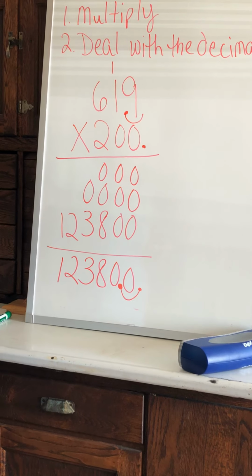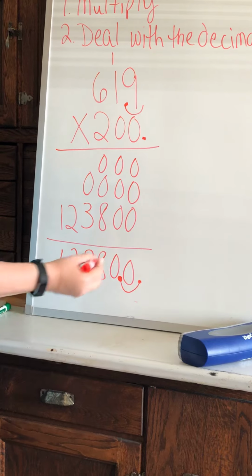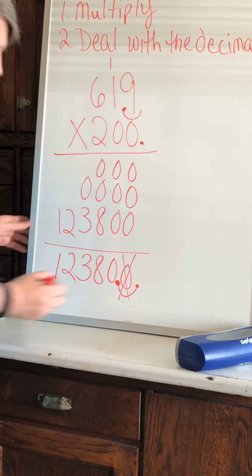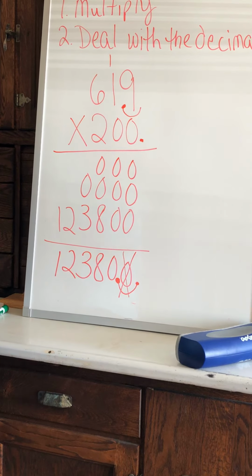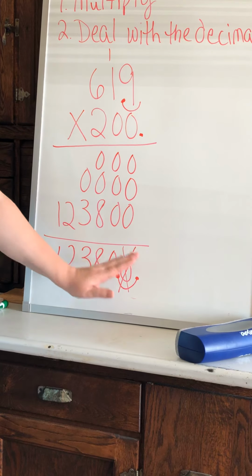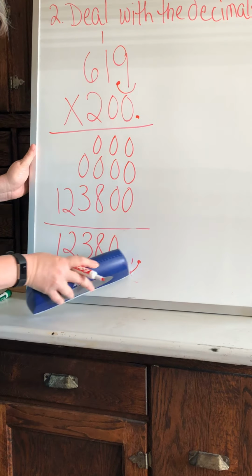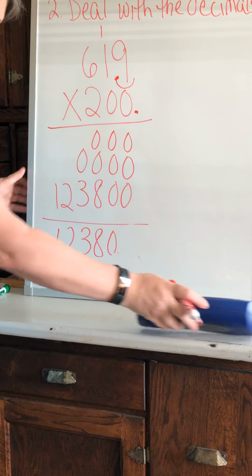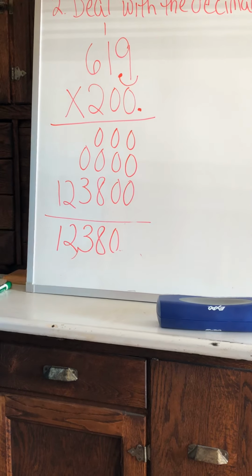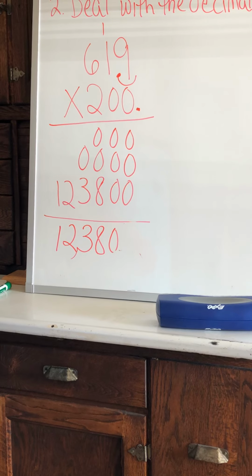What's happened here? Well, we have an unnecessary zero that's hanging on and we don't need it. So, if you was to erase this, we don't even need the decimal hanging on either. So what's your answer? Well, your answer would be 12,380. Okay?